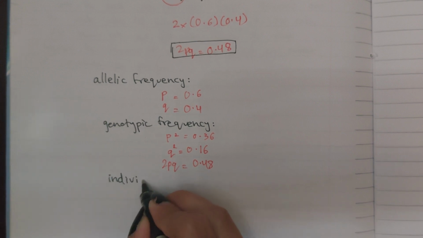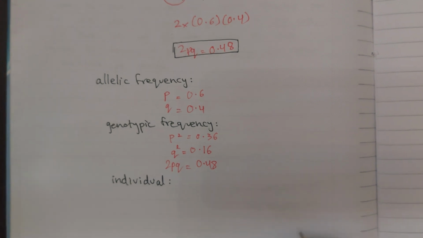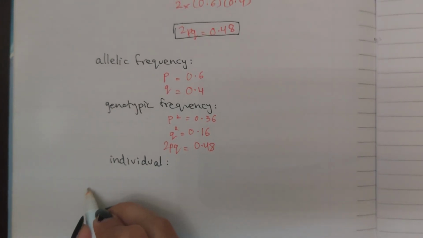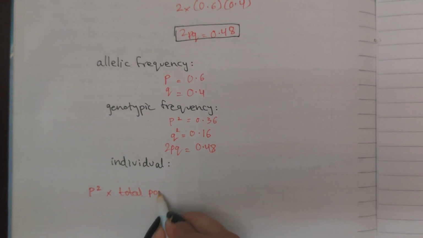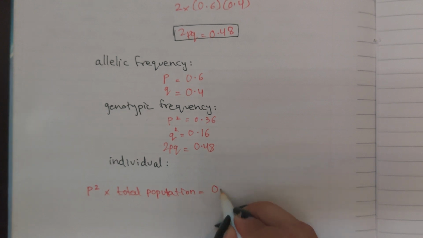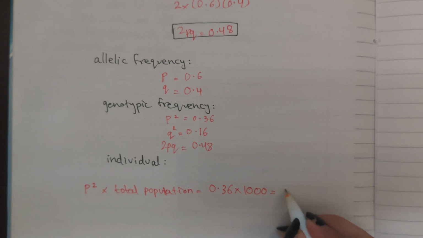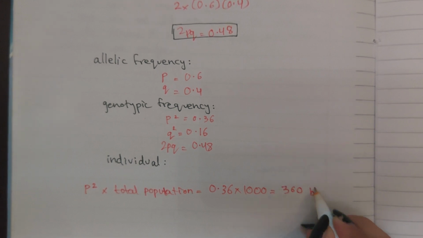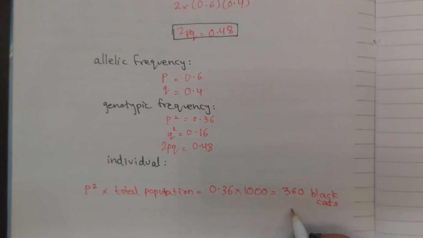It is quite easy, if you ask me. All you have to do is take the genotype frequency that you want to find out and multiply it with the total population, so you get 0.36 times 1000 cats. We get 360 black cats which were homozygous dominant.